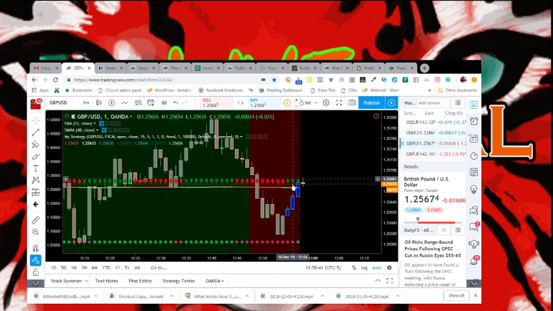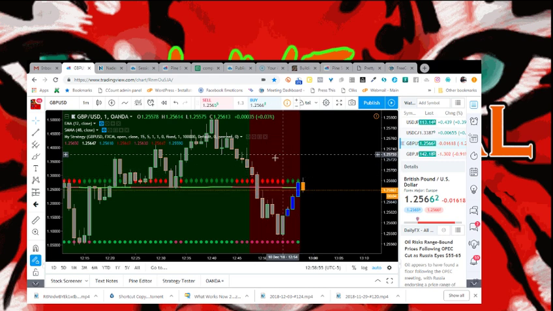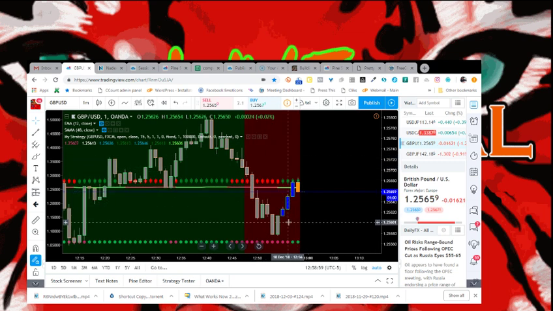Right here, we already know that there's some conflict in the market, and you can easily just wait till the conflict is over, so you have a period of time where you're getting all the same colors, right? All the different shades of reds mean sell, all the different shades of green mean buy, all right?